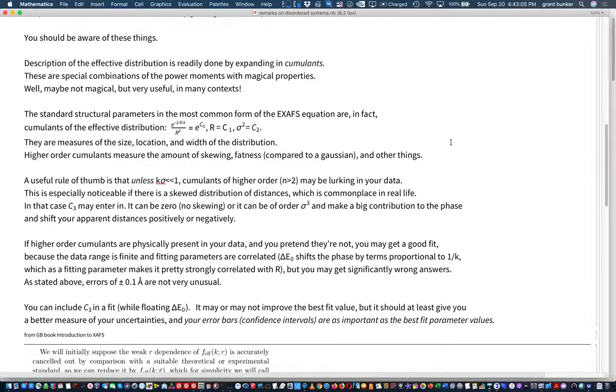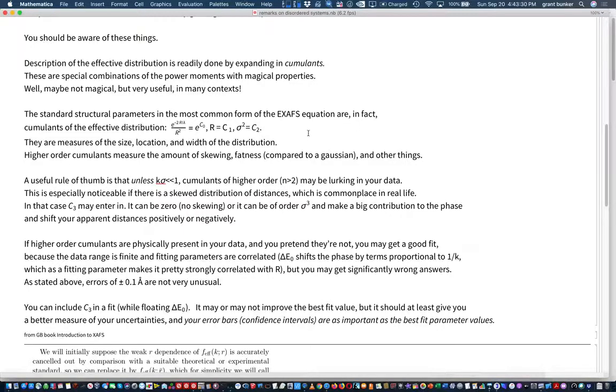You can write a general expression for any distribution to any order using the cumulants, as long as the cumulant expansion converges. And if the disorder gets too high, you're better off regrouping the atoms into new groups of shells so that the cumulant expansion works for each of them.